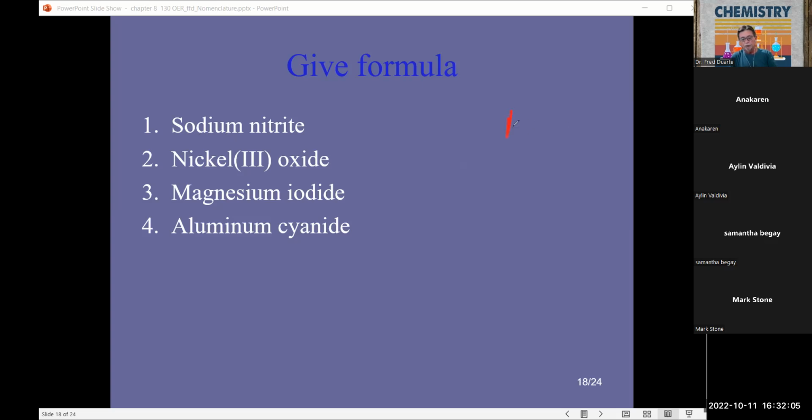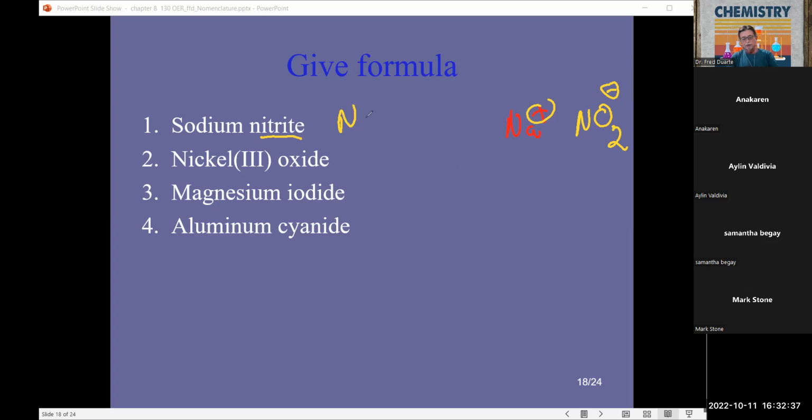Sodium, as we hopefully well know now, is a +1. And nitrite, not to be confused with nitride, I-D-E, but nitrite, I-T-E, should send you to the polyatomic ion table. You'll find that that is the NO2 -1. So we can very quickly put them together as a 1-to-1 because it's +1 and -1.